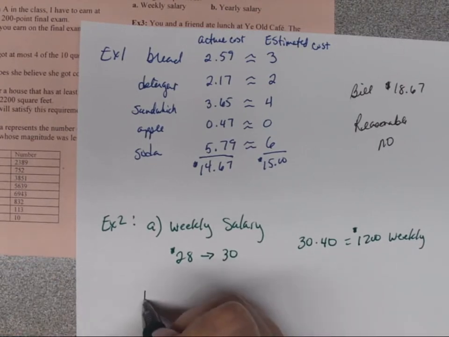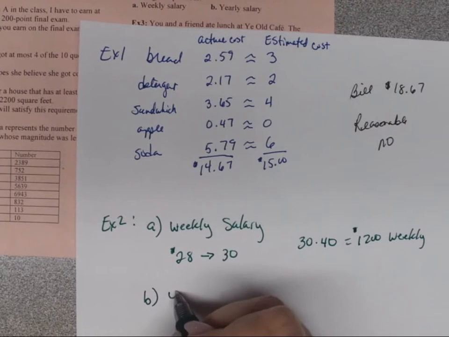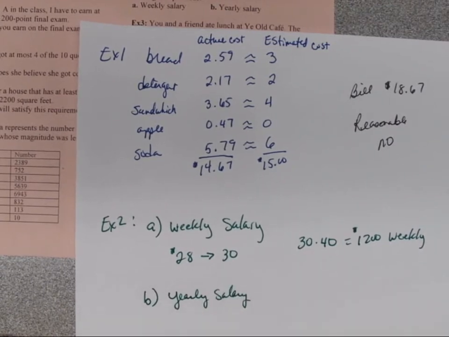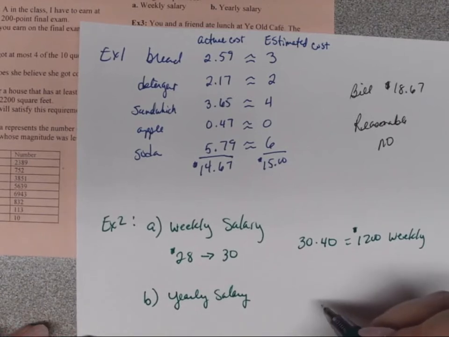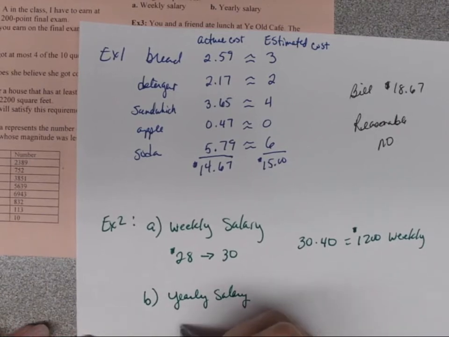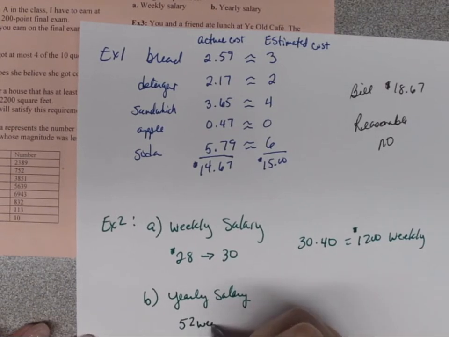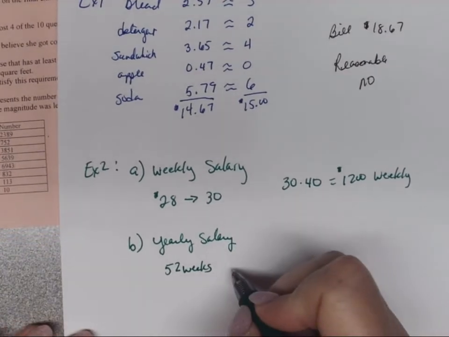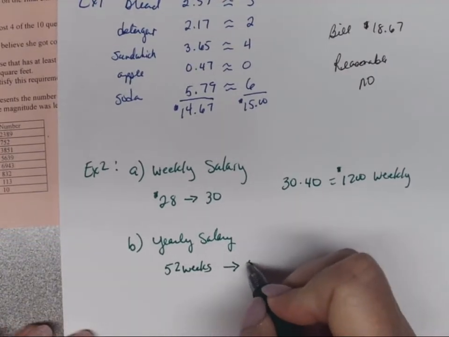Now for part B, we also want to know his yearly salary. So for his yearly salary, how many weeks are in a year? Well, 52 weeks are in a year, but we want to round. So we can round 52 and we can make it 50.